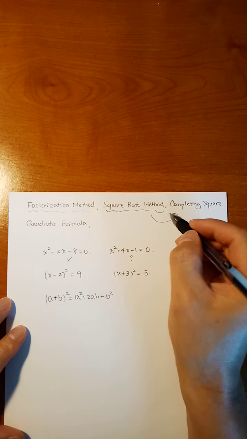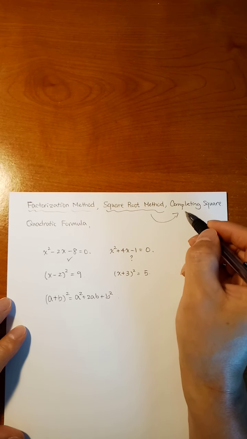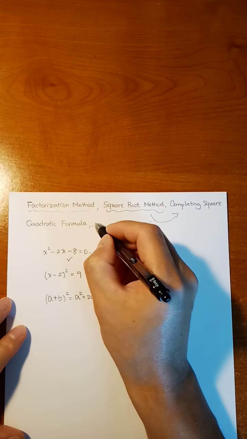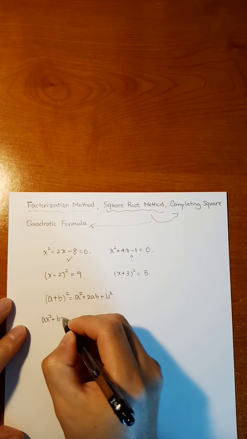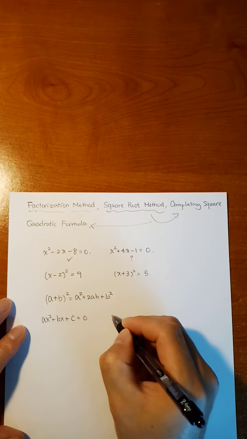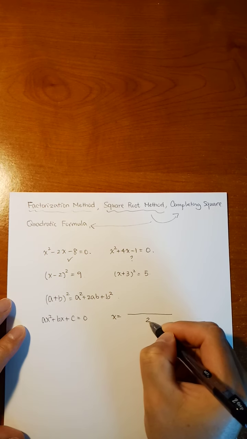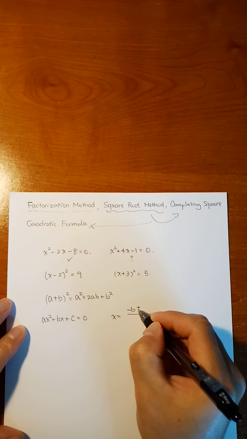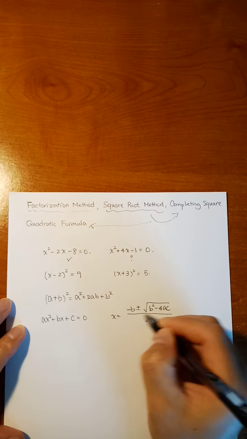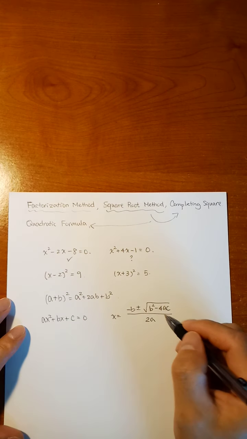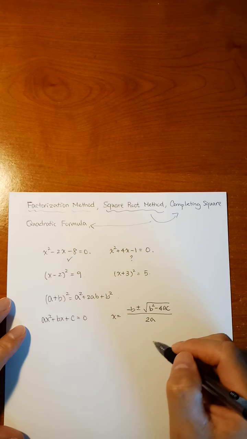We get the abstract completing the square, and we get the root formula. The root formula: x is minus b plus or minus the square root of b squared minus 4ac, over 2a.